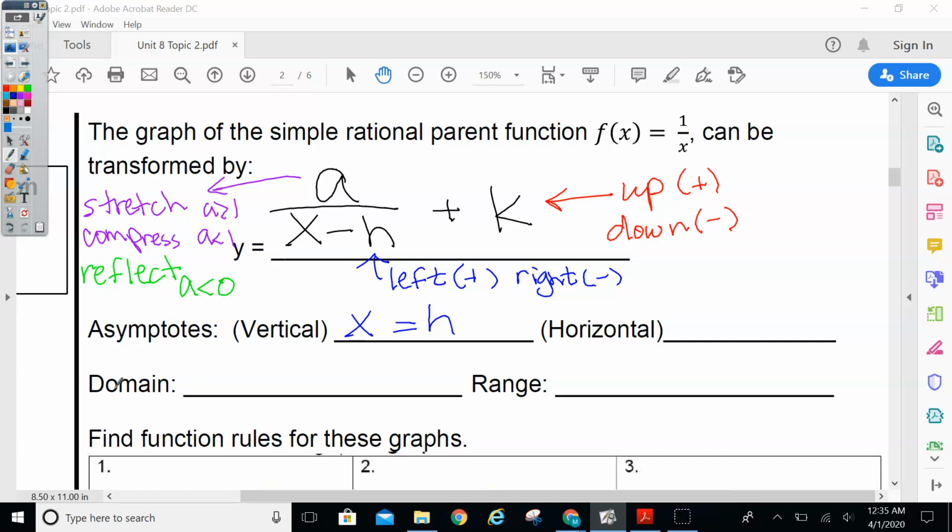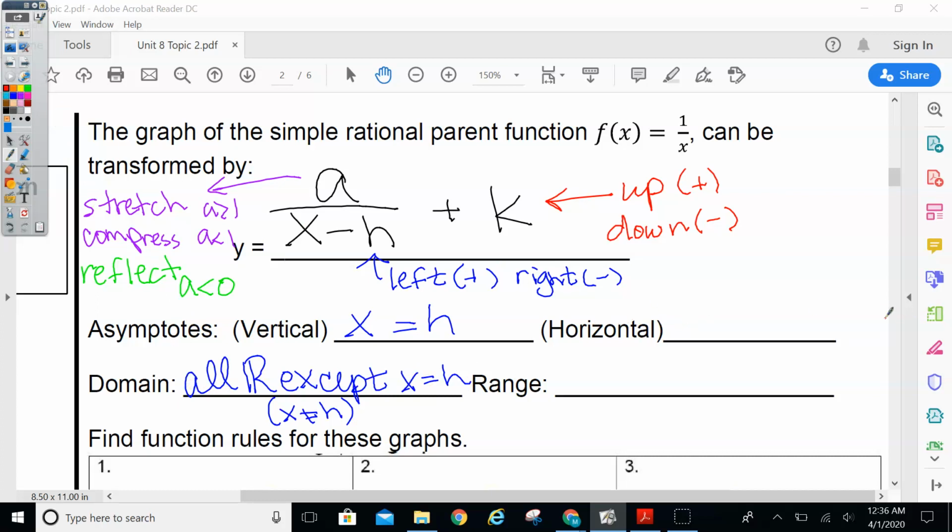And we say that the domain is all reals except this one value, x equals h. Another way you can say that, like on the previous pages, is x cannot equal h. But this is how you would say it in words. It's all real numbers except that value.